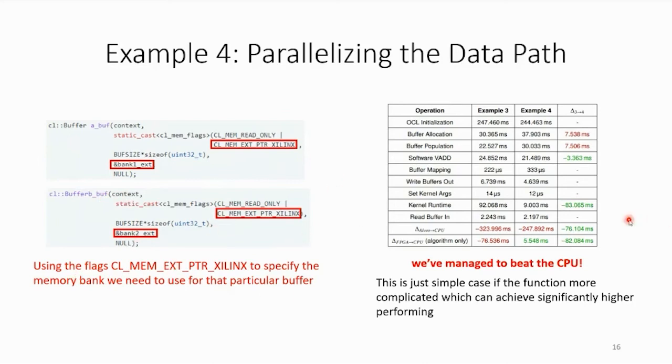With just this change to the data path, we have managed to beat the CPU. We can see here this is a massive improvement. This is just a simple case, but if your function is more complicated and you can parallelize the data path, you may achieve even higher performance.